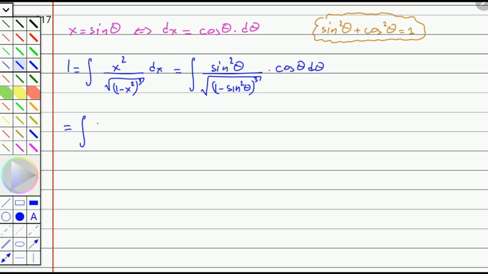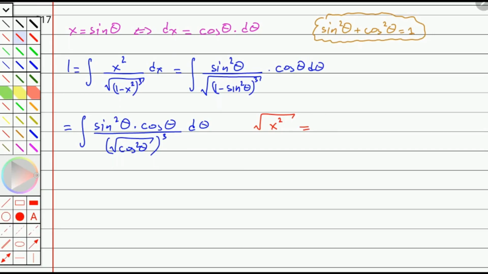Equals the integral of sine squared theta times cosine theta divided by the square root of (cosine squared theta) quantity cubed d theta. We can take that exponent outside the square root, and now we can see that we have a square root of a square. So let's remind ourselves that the square root of x squared is not equal to x, but absolute x.